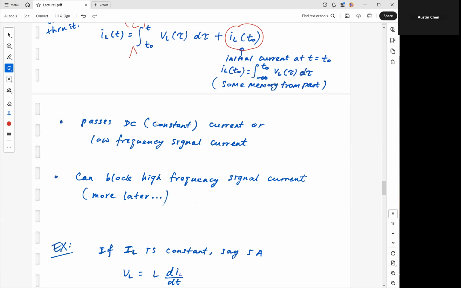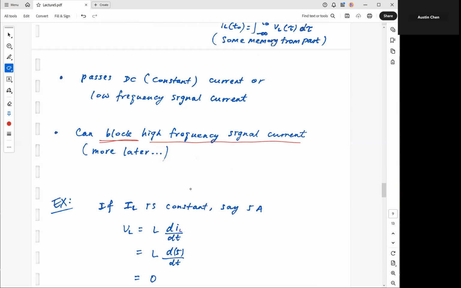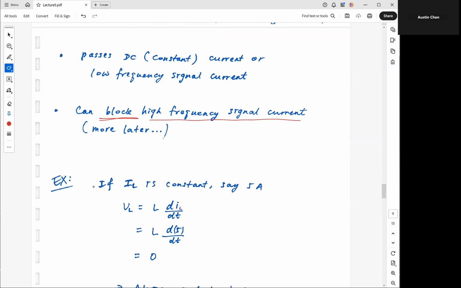It does not block DC, but it passes DC. And I'm going to show you why that is the case. And it can also potentially block high frequency signal. This is something that we will also discuss more extensively when we look at the frequency domain analysis. So for now, let's focus on the time domain representation.